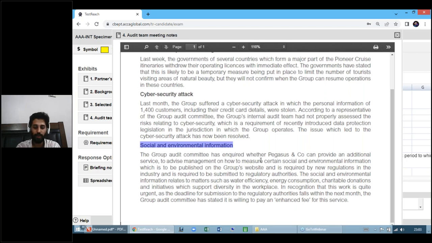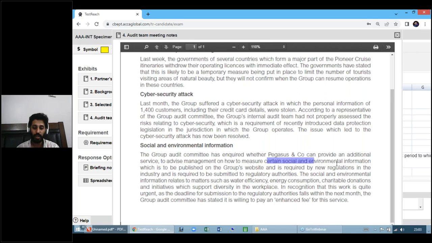Pegasus and Company is the name of the audit firm. The group audit committee has inquired whether Pegasus can provide additional services to advise the management. Please focus on the words advising the management. Advising the management is perceived as taking the responsibility of the management.